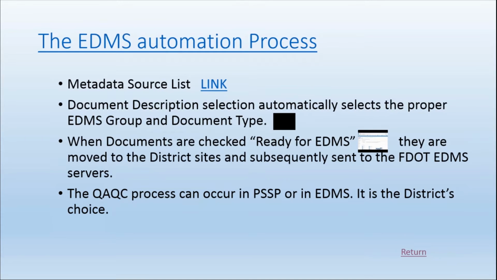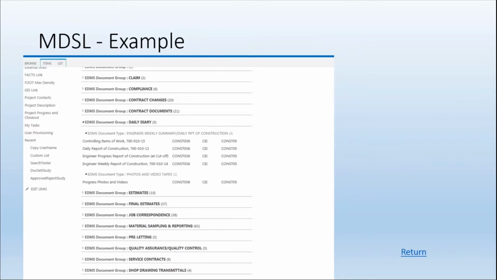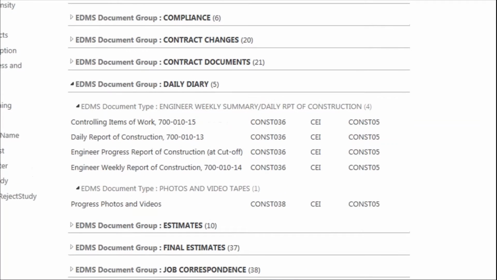The metadata source list is a replication of the EDMS reference guide that you go to and find where documents should be classified. And if you look at this, you'll see, for example, a controlling items of work document is classified in the group daily diary and in the type engineer weekly summary daily report of construction.